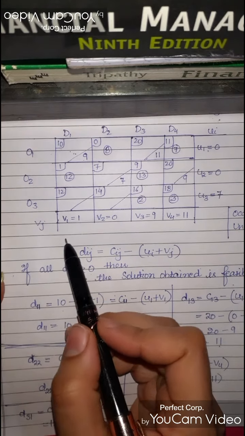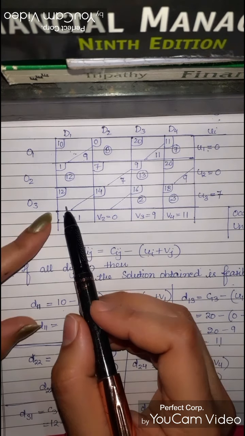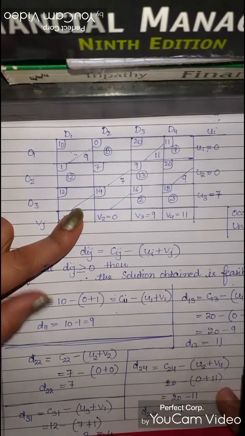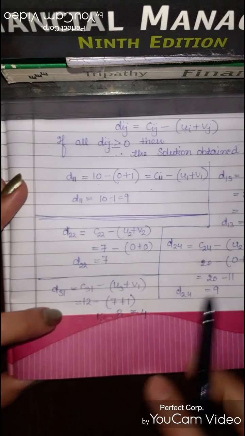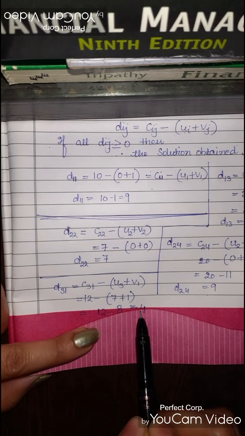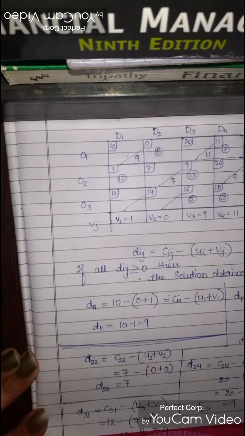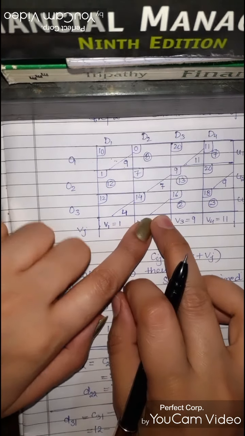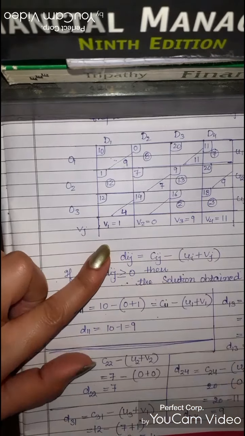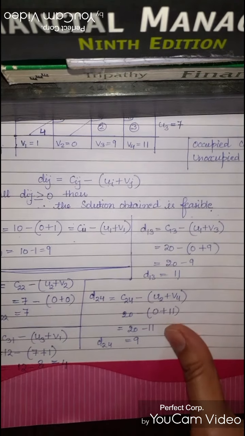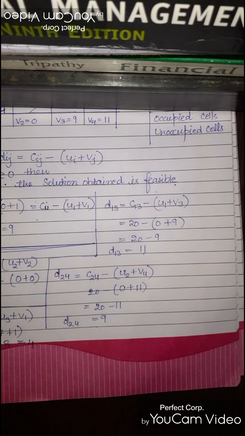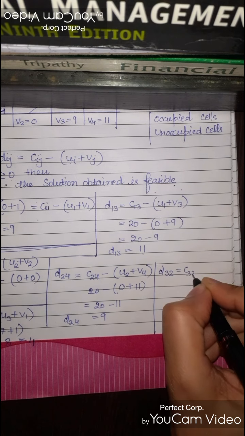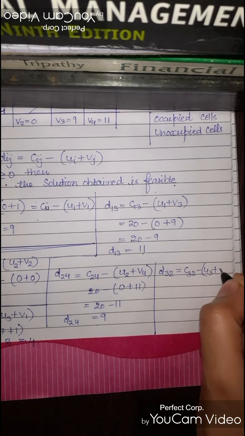Now we will calculate the dij's for the remaining cells, that means for D31, third row first column, and D32. We have already calculated D31. D31 is 4. So we will write the value here, D31 is 4. Now we will calculate D32. For D32, we need C32 minus u3 plus v2.